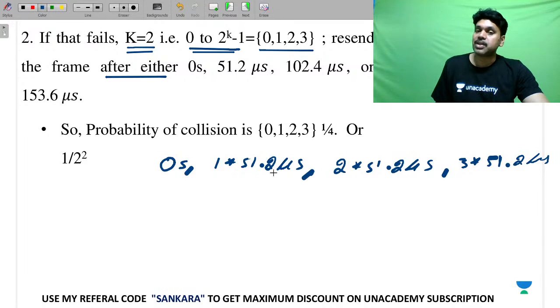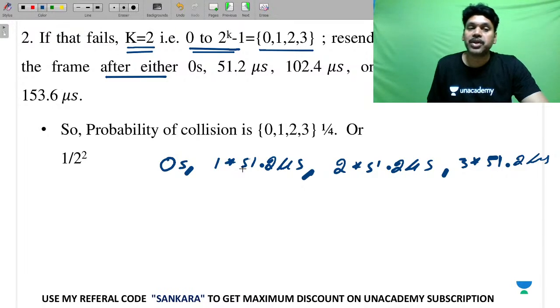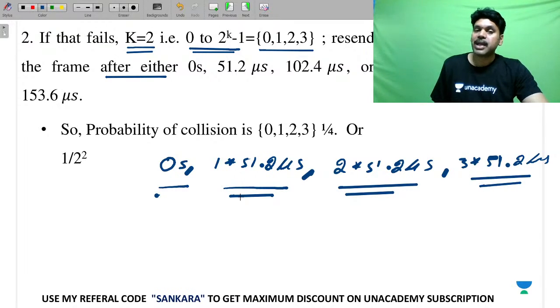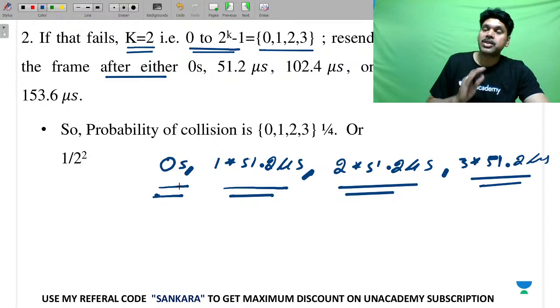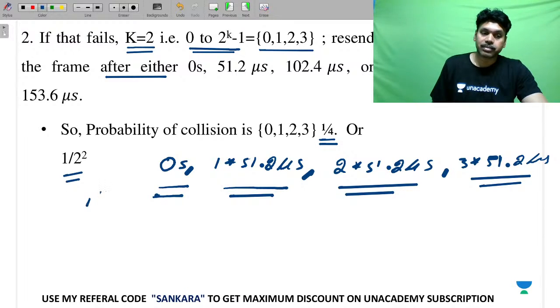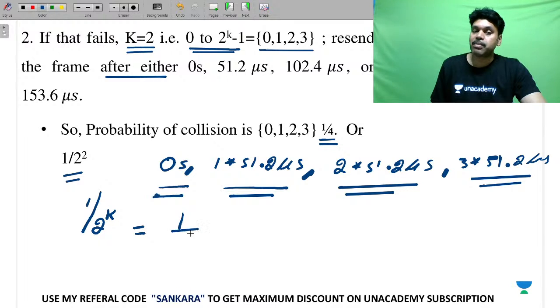Take your slot number and multiply it with 2 into TP, and you will get either 0 waiting time or this much, or this much. But naturally we prefer a lower slot number instead of a higher one. So your probability of collision is 1 by 4, or 1 by 2 square, 1 by 2 power k, that's the meaning.